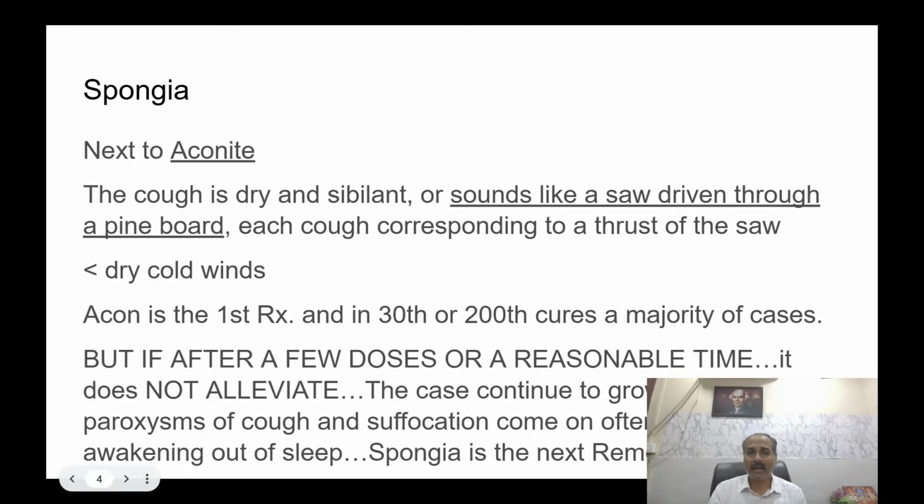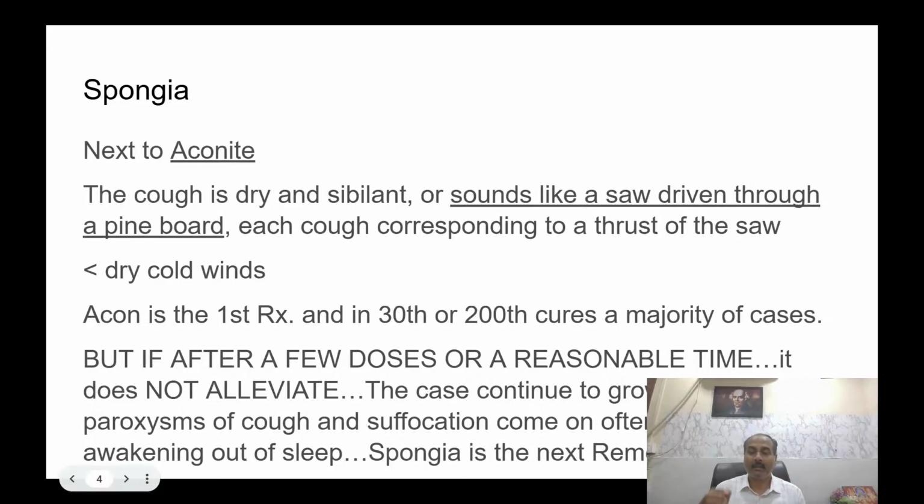The cough is dry and it is as if a saw is driven through a pine board. Now, for this, you need to go to a carpenter shop or else get yourself an audio of a carpenter sawing through a wooden plank. That is how you will auscultate a patient when you check and find out about his respiratory complaints.